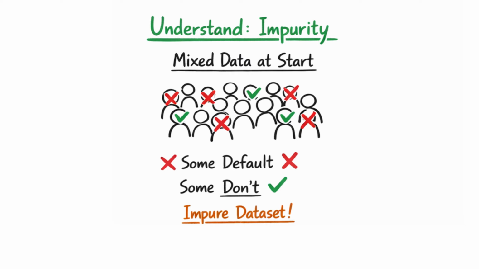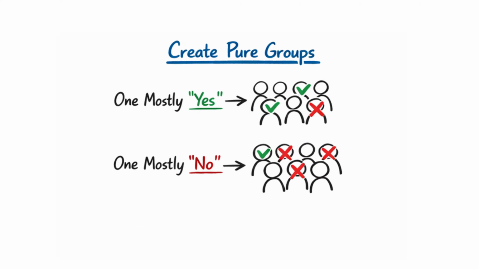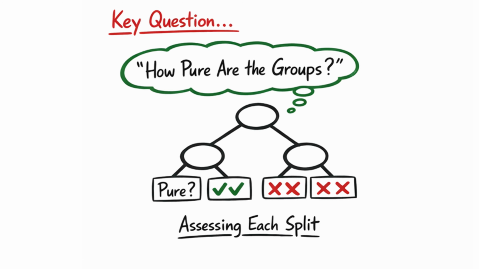So this data set we can say is impure. Now when we split the data, our goal is very simple. We want to create groups that are as pure as possible. That means one group should mostly contain yes and the other one should mostly contain no. So every split in the decision tree is trying to answer this: after splitting, how pure are the resulting groups?